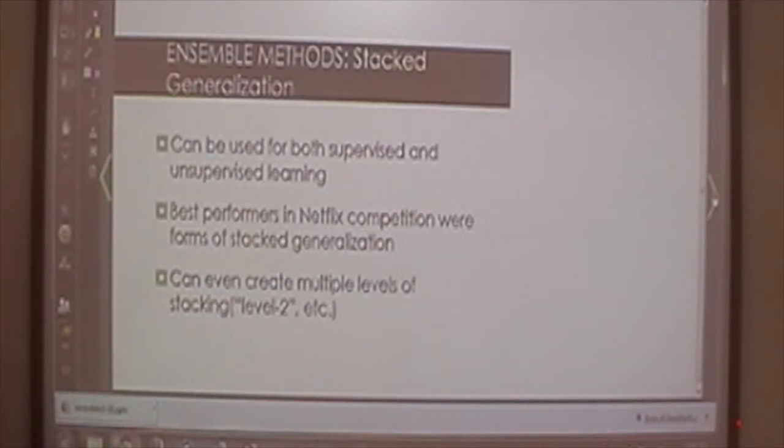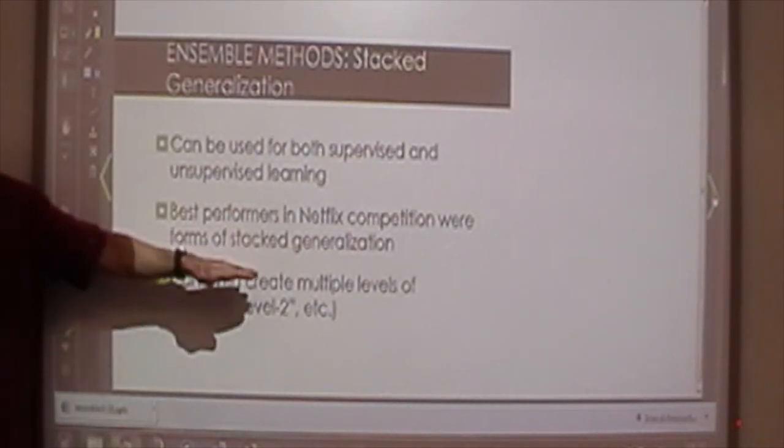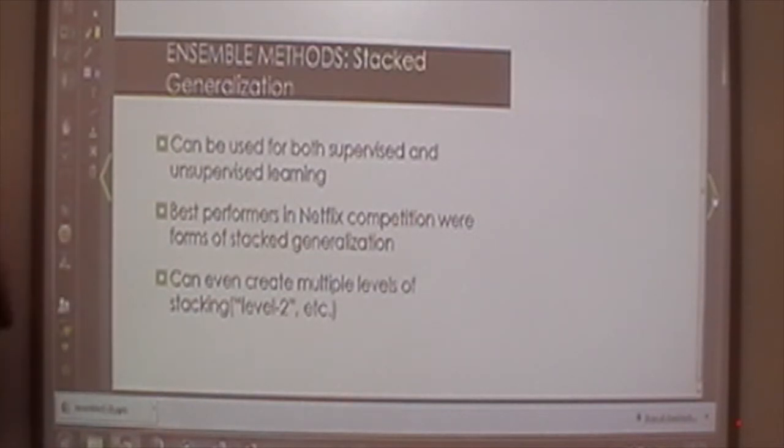Well, they try to use your ratings to recommend other films that you might be interested in. So a number of years ago, they had a competition to improve their recommendation system. And in that competition, I think the top two performers both used some sort of stacked generalization to achieve that. So what would they do?